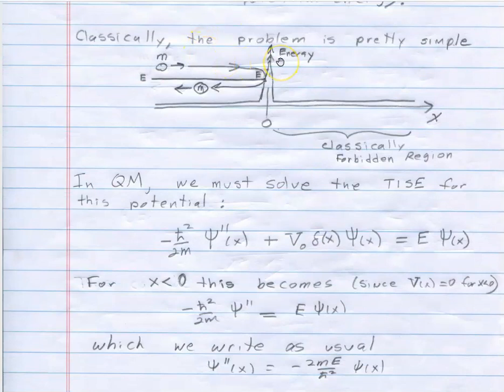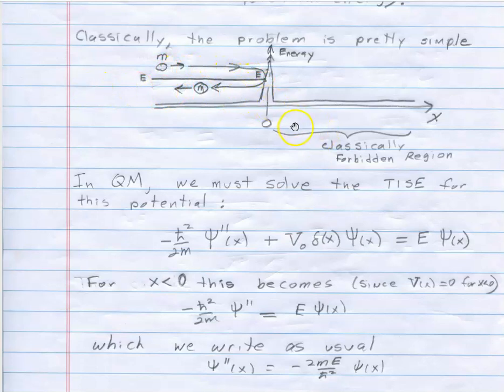Classically, that problem is pretty simple. If we fire in from minus infinity a particle of mass m and give it a finite amount of energy E, then the potential energy is zero everywhere on this side. And as a result, the particle never has enough energy to get over this infinite potential energy barrier at the origin. The particle is just going to come in and bounce off of it and come back.